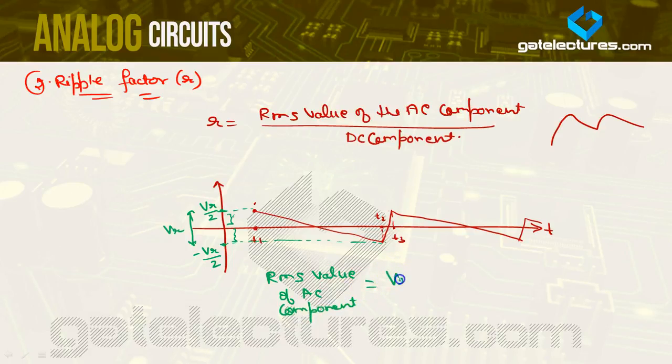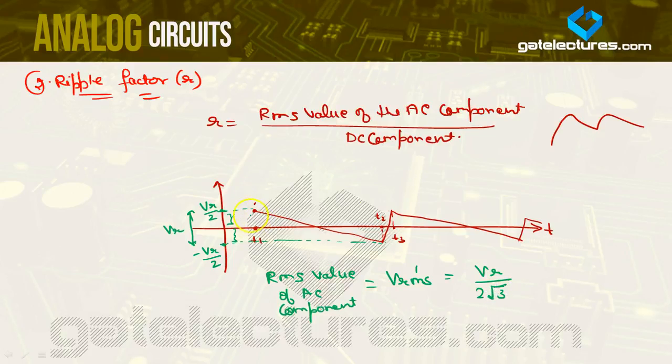So the RMS value of the AC component, which we can represent as Vrms prime, is equal to, now for the triangular wave, what is the RMS value? VR upon 2 root 3. Why 2 root 3?